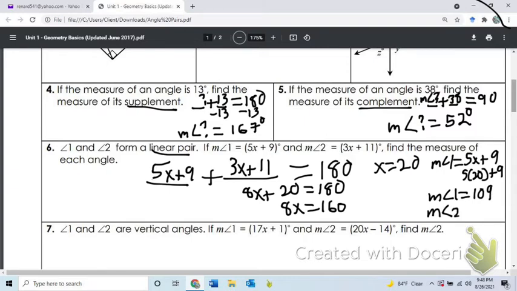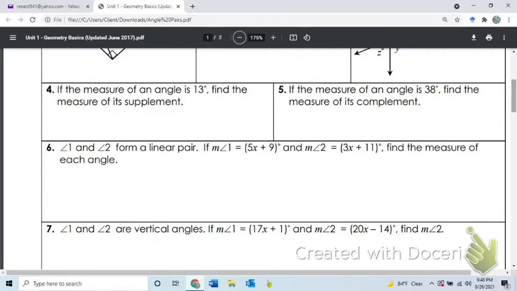And then, since we know they're a linear pair, we can go 180 minus 109 equals 71. Or we could plug 20 into the measure of angle 2. 3 times 20 is 60. 60 plus 11 is 71.